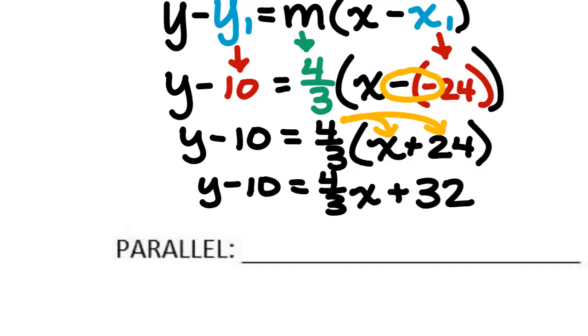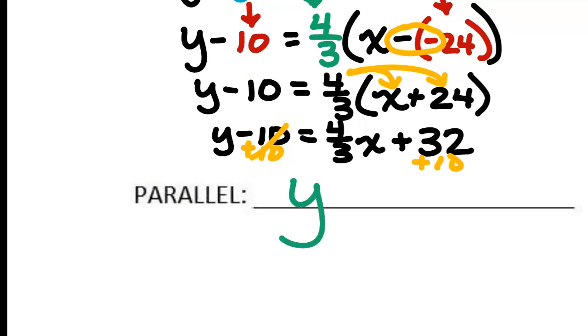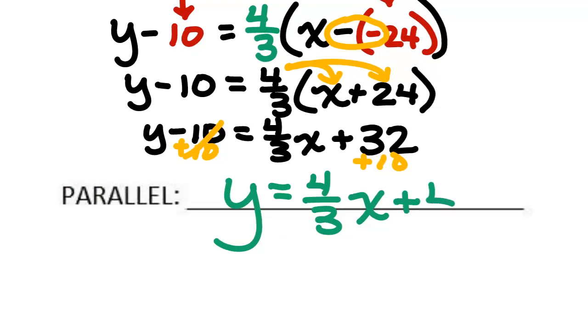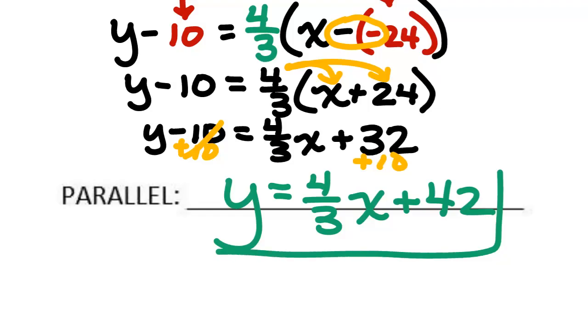And then the last thing we need to do is add 10 to both sides to get the y all by itself. And so that means my parallel line equation is y equals 4/3 x plus 42.